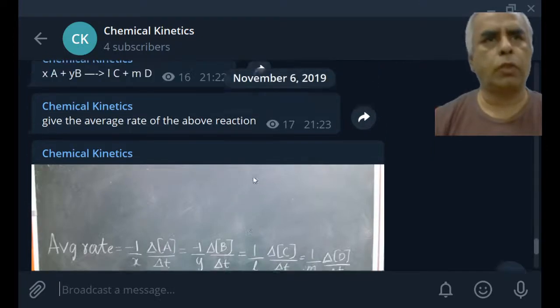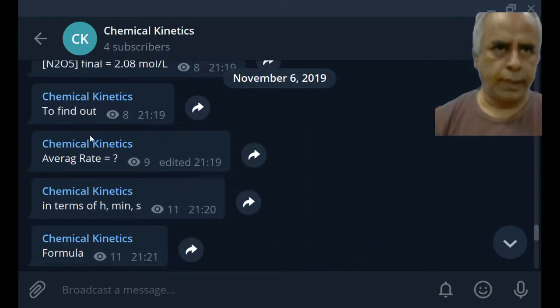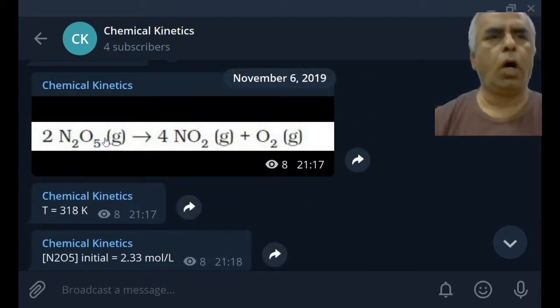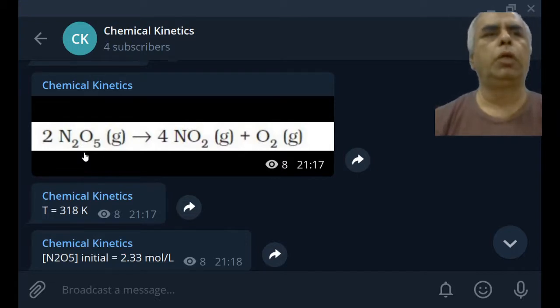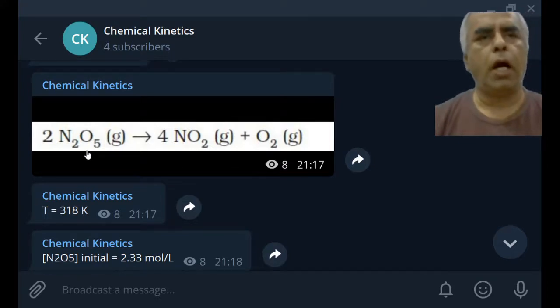Now let us go back to the original equation given in the problem, where it is given as 2 N2O5. Now how do you have to write it down? Minus 1 by 2 into delta [N2O5] divided by delta t. Do you understand? And what about the right-hand side? You have to introduce the plus sign. And what about the moles? 4 moles.